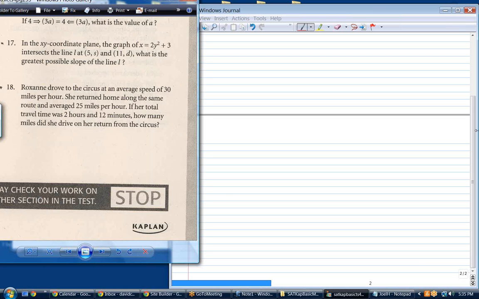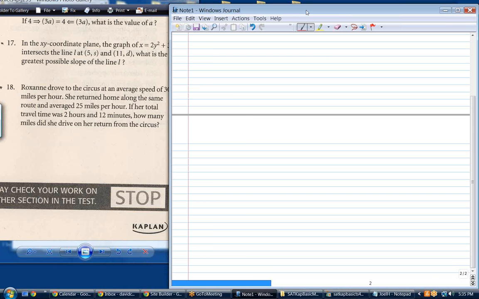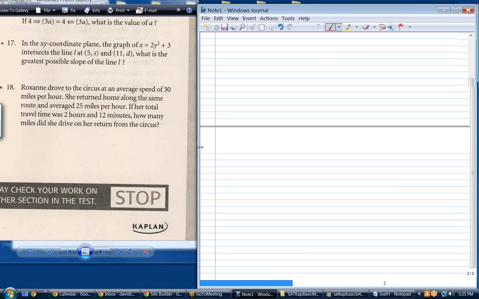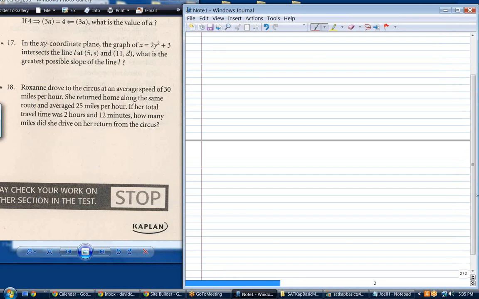All right. What is the formula that we need to use to solve this? It involves distance, rate, and time. You want to have it memorized. Let's always start out with the general formula.